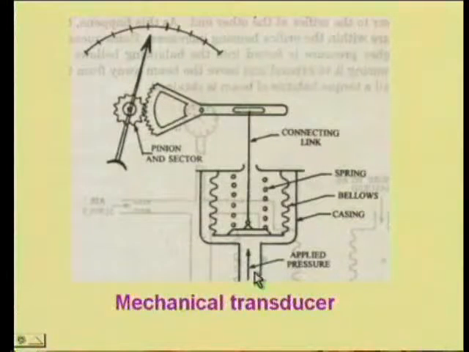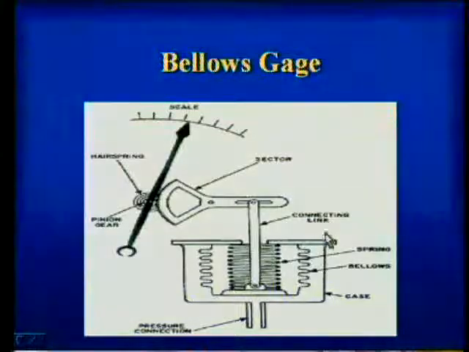So whenever it is connected to the pressure point, against the spring force the pressure is transmitted to the bellows, and the bellows compress, which leads a movement to the sector, which in turn transmits the movement to the pinion, and then we can read the pointer. So what is the use of the spring used here? To read a particular range of pressures.